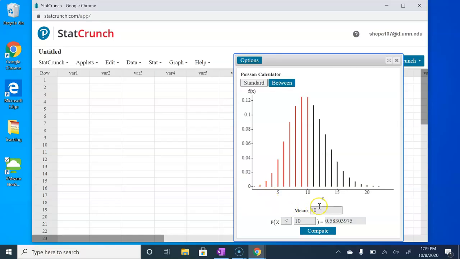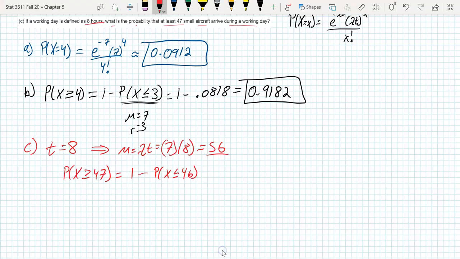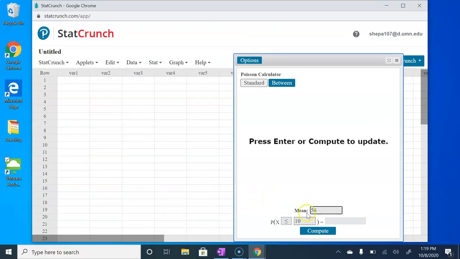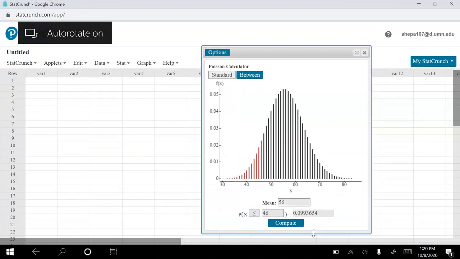So let's update our mean. What was our mean in this question? 56, and we want to be less than or equal to 46. Click compute, and that is 0.0993654.